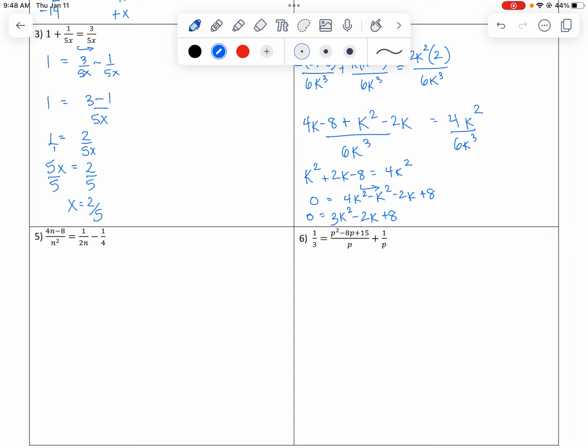Let me erase this just to make a little bit more room here. That was equals 4k squared over 6k cubed. Okay, now I've got a quadratic that's 3k squared minus 2k plus 8.